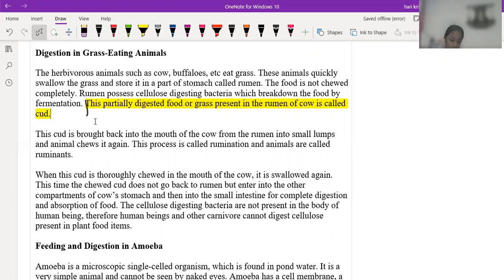It will not digest in the human body, but it will happen only in grass eating animals. So most of these animals will have rumination like this. That means they can digest the cellulose present in the grass.